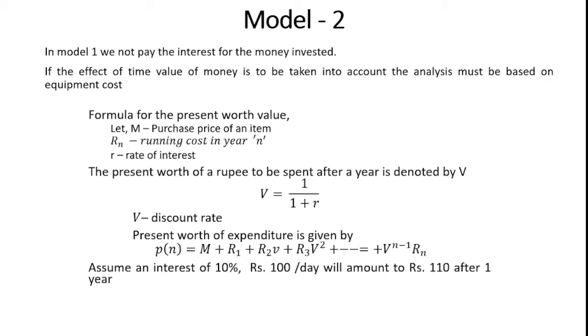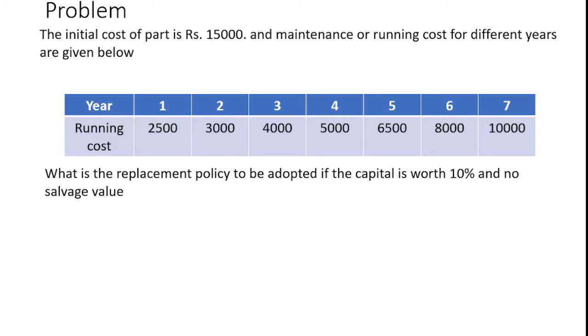So how can we solve the problem with the consideration of the rate of interest? Let's see. For understanding model 2 in the replacement problem, the following problem is used. The initial cost of the part is rupees 15,000, and the running cost for different years is given below.